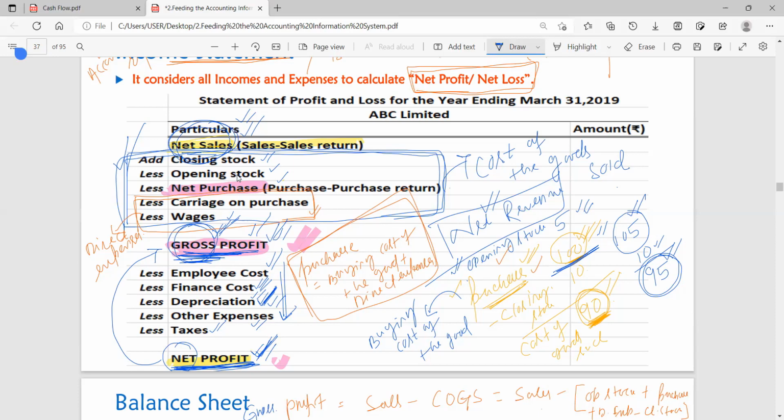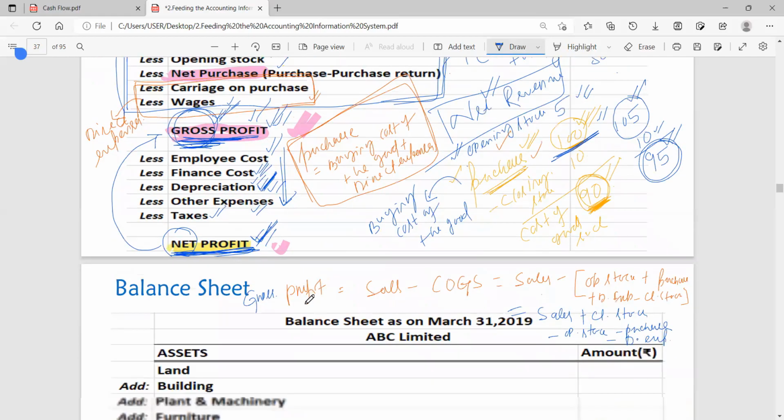So he or she has some money which is lent to the business, which we generally call capital. So this net profit, when calculated, is immediately added to capital. Capital is the owner's fund in business, and later on the owner can withdraw money from his capital.